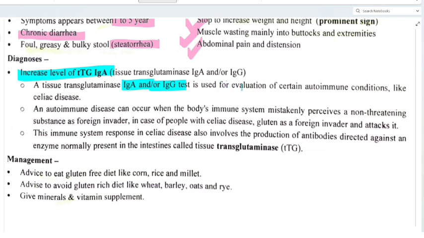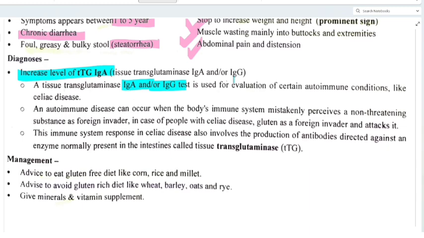So basically it is a profile to evaluate autoimmune conditions like celiac disease. There are many other autoimmune diseases as well, so this transglutaminase IgA or IgG immunoglobulin will be checked.